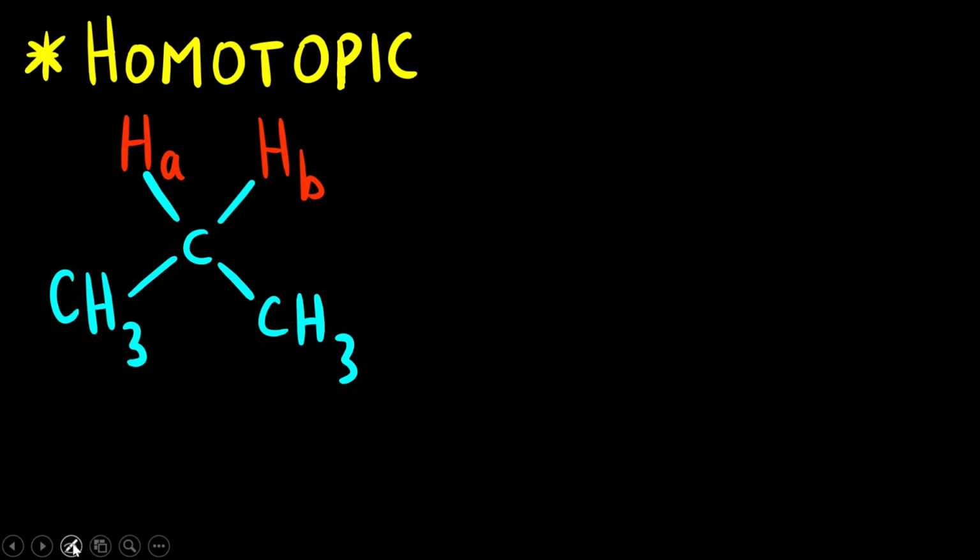So this is an example of a homotopic group. I have to find out the relation between HA and HB. This is the same step that we had done for finding out pro-R and pro-S. If you had seen that video, you would remember that we had repeated the same step in finding the notation pro-R and pro-S.